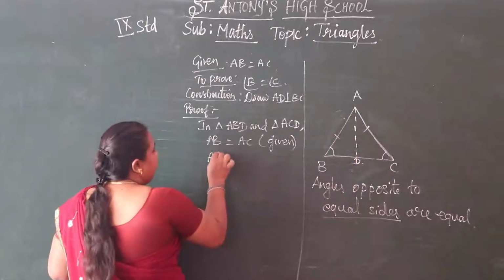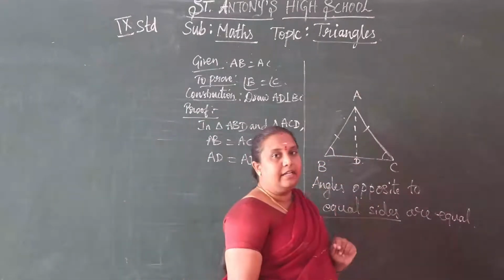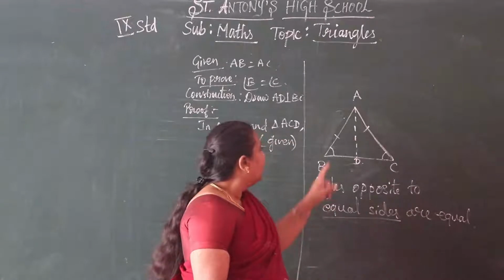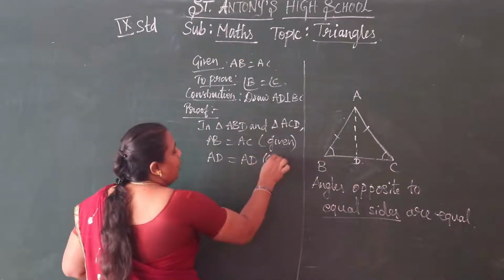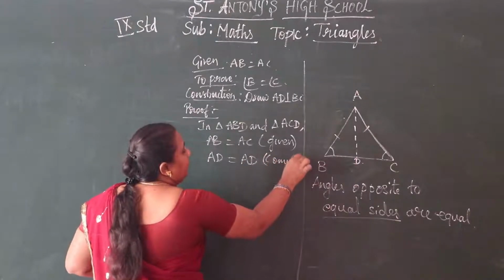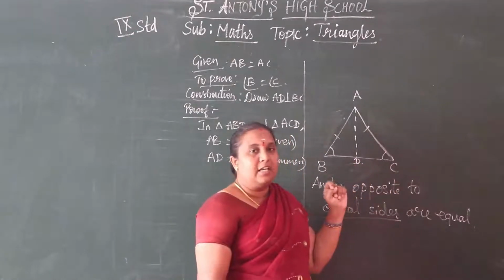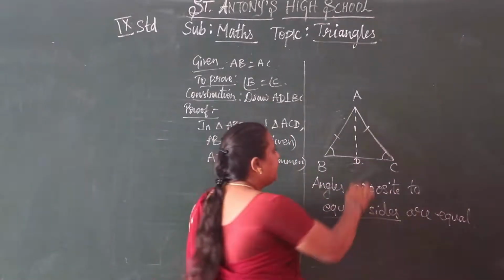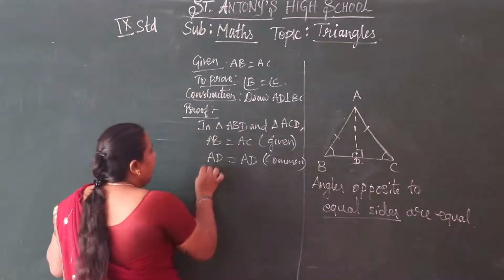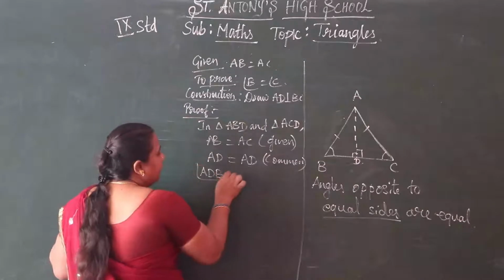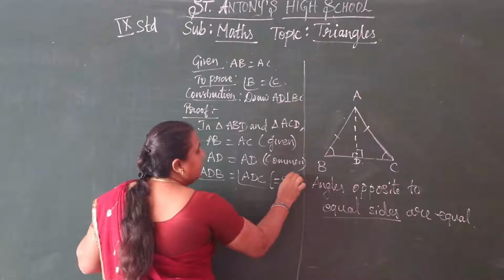Then, we drew AD perpendicular to BC, so by construction these two angles are each equal to 90 degrees, that is, angle ADB equals angle ADC, each equal to 90 degrees.